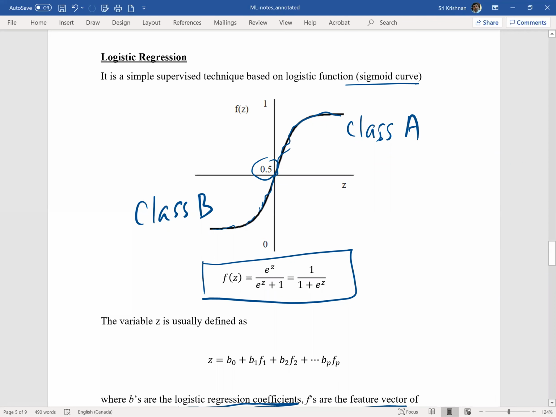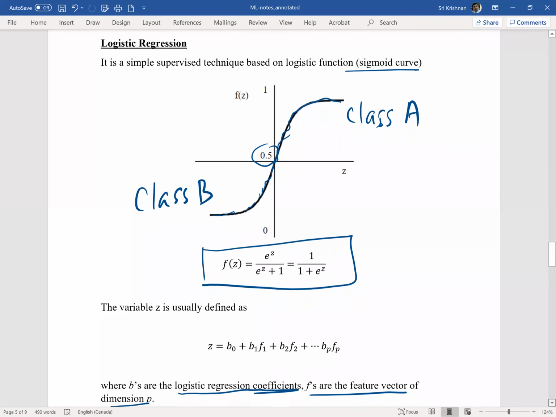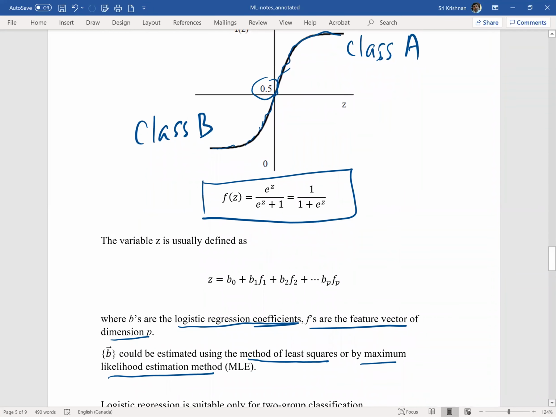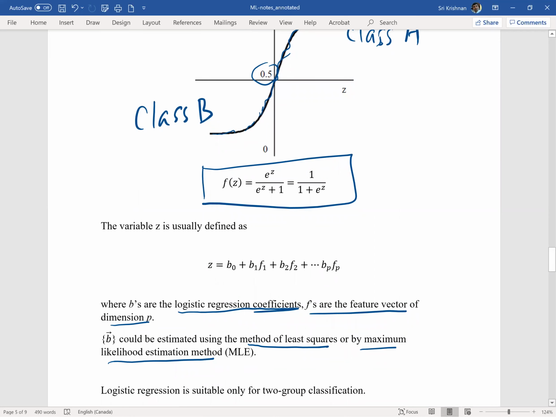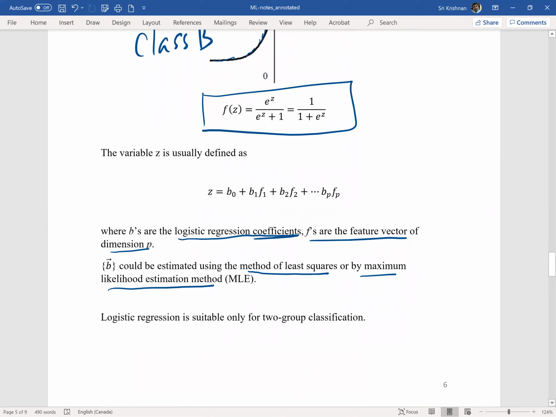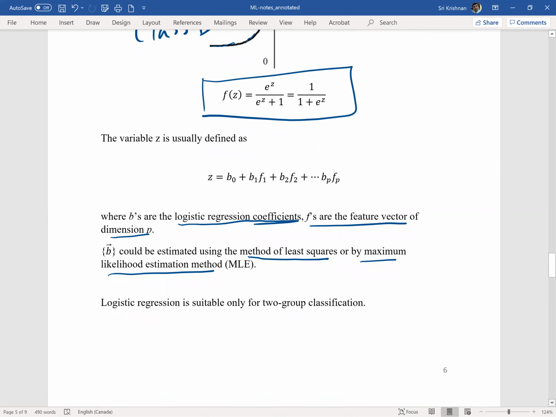So that's, in a nutshell, simple logistic regression analysis, and it's very commonly used in many biomedical classification problems, especially if you just need to classify two groups, for example, normal and abnormal group classification. You've got to keep in mind these techniques were developed before we had a lot of computational power.